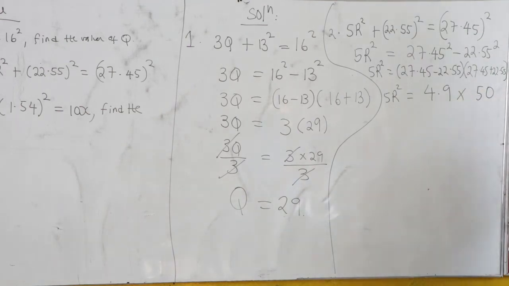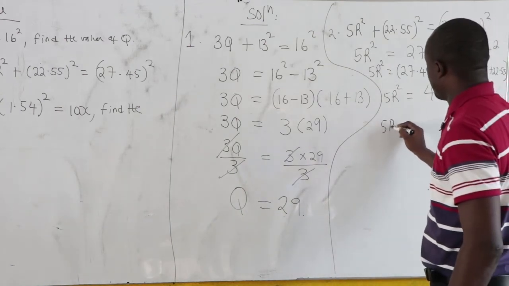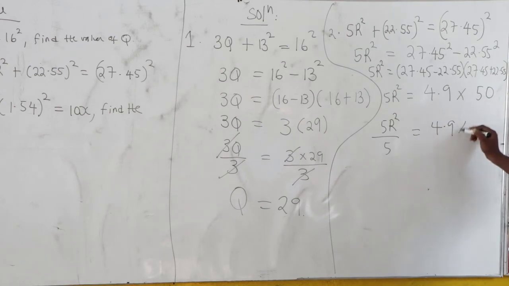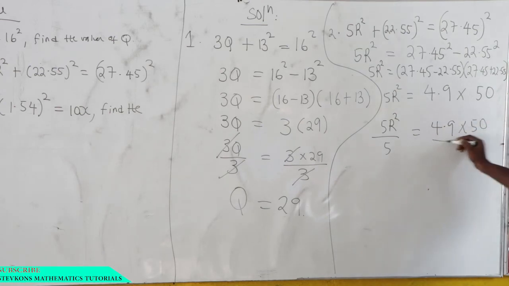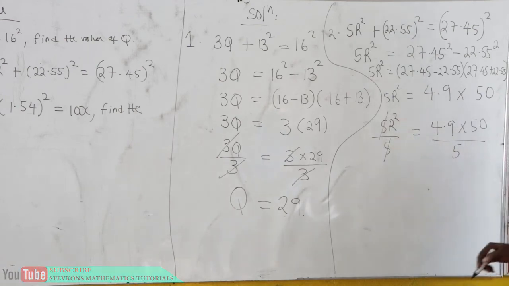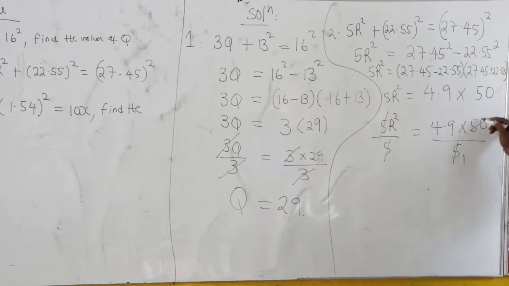We want to find r, so we divide both sides. We have 5r squared all over 5 equal to 4.9 times 50 all over 5. Now this cancels out that. 5 goes into 50 ten times.